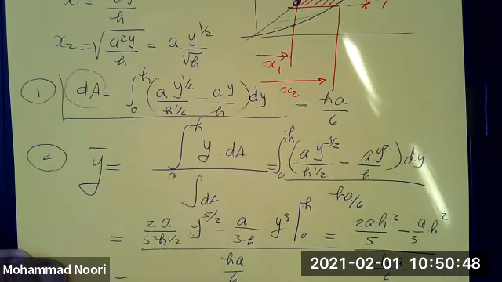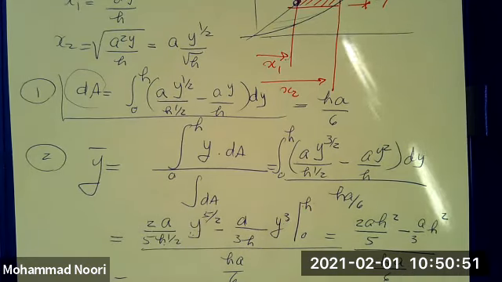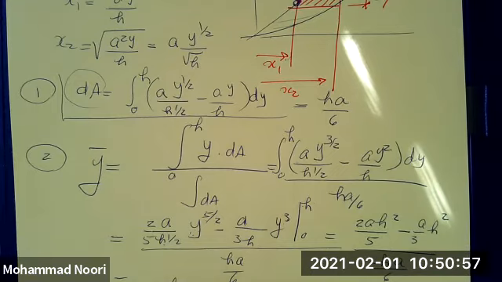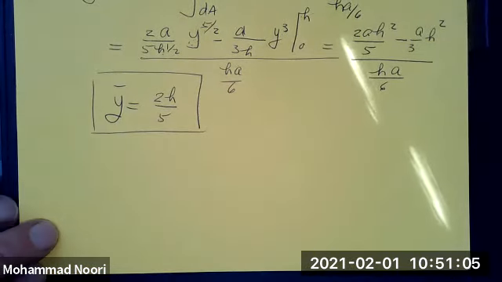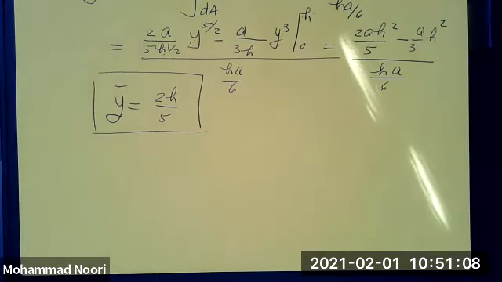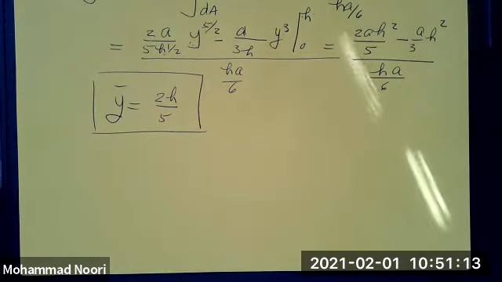You simplify that, and you get y bar, which comes out to be 2h over 5. And that is the y coordinate. Any questions? So that is the procedure. Very simple, right? You've had this, I'm sure, in calculus, so it's not the first time you have encountered this topic. It should be kind of a review.